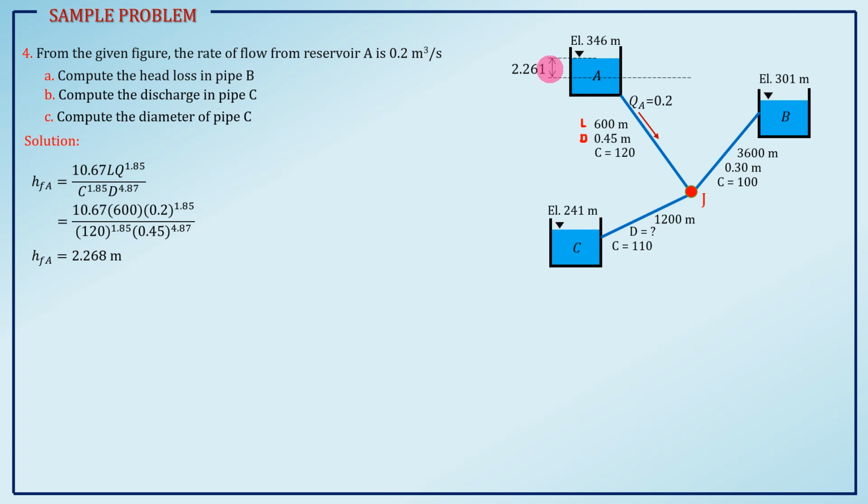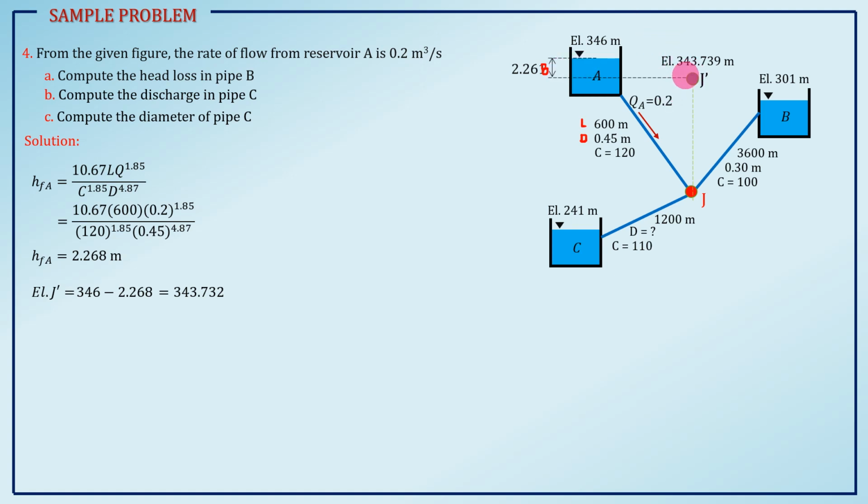We have 346 minus 2.268, which is equal to 343.732. So, you now know the elevation of your J prime. Given the elevation at A, you just subtract. That is the elevation at J prime.